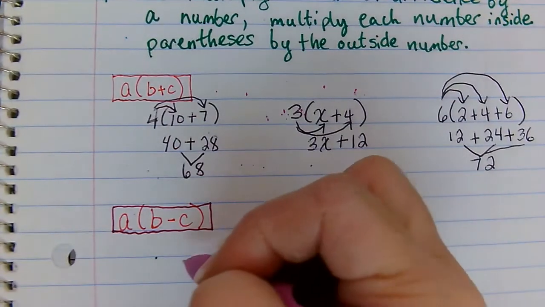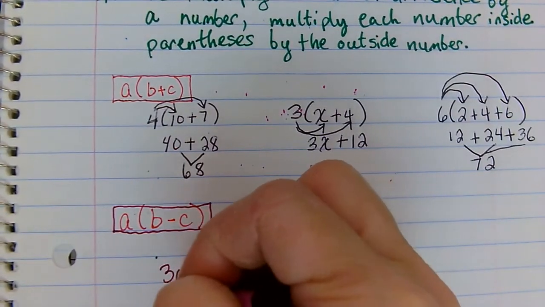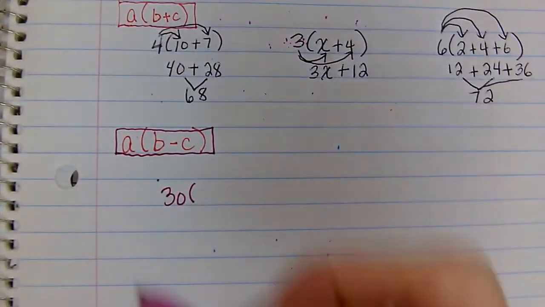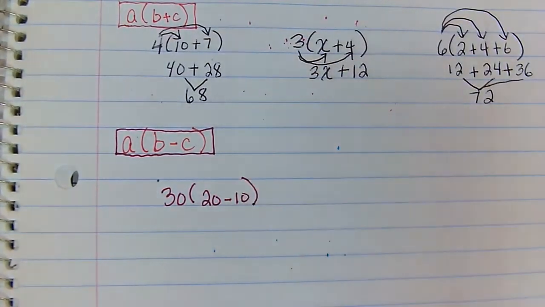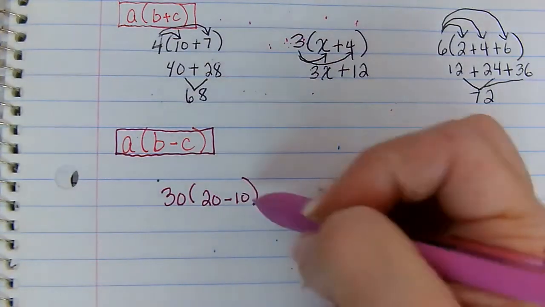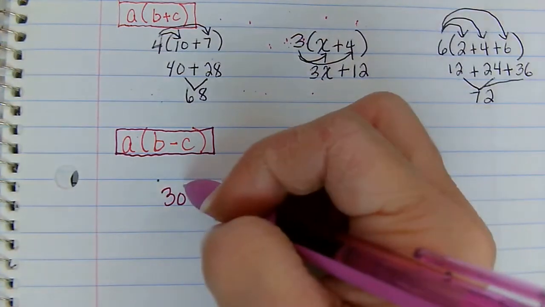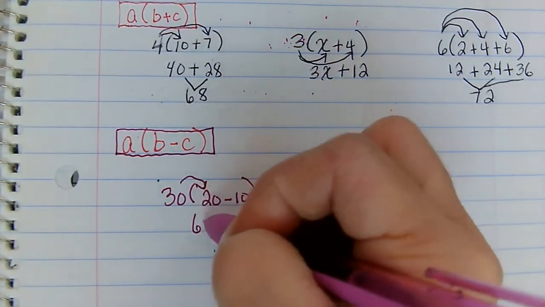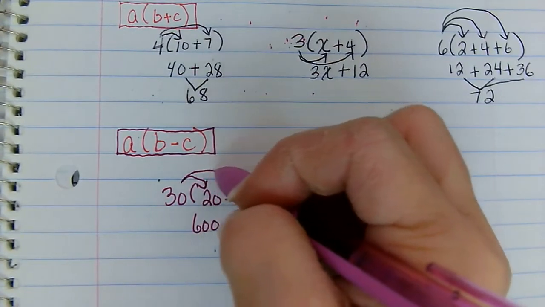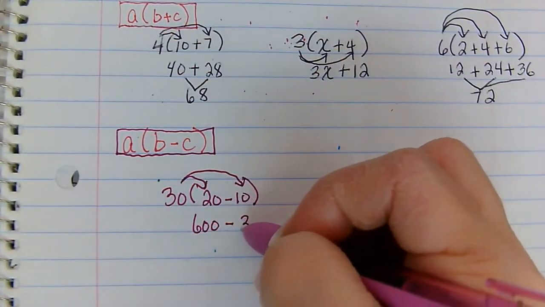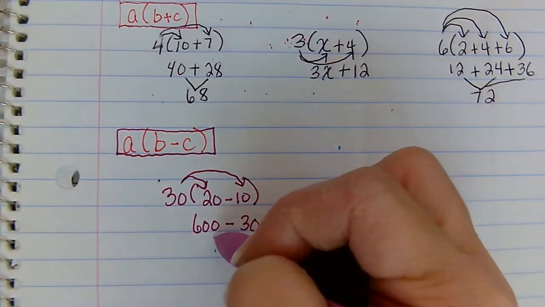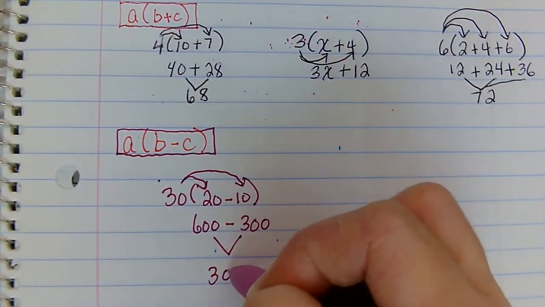First example, which is 30 times the quantity of 20 minus 10. So we'll just do 30 then. And 30 times 20 is 600. And bring down your subtraction sign, and 30 times 10 is 300, and 600 minus 300 is 300.